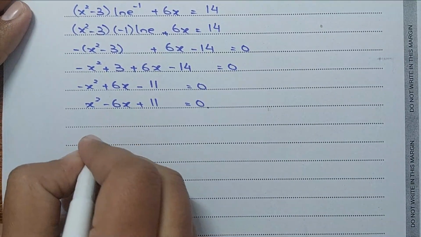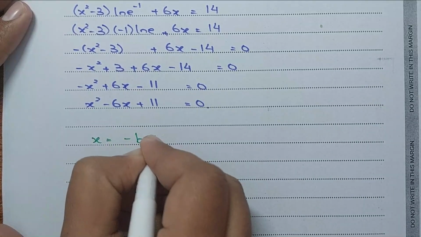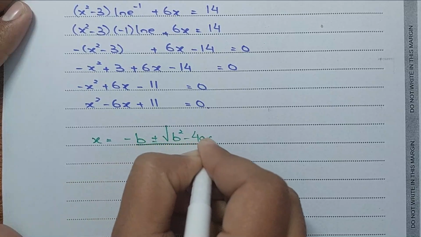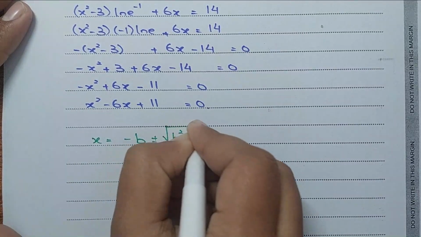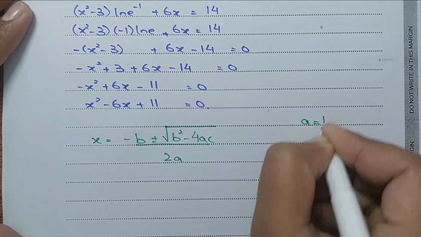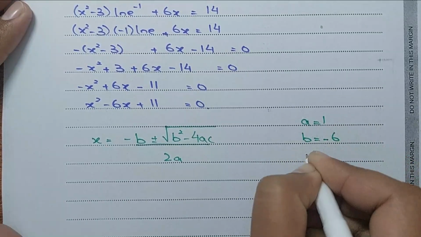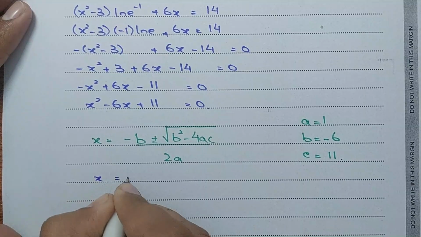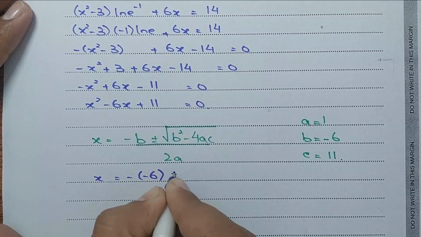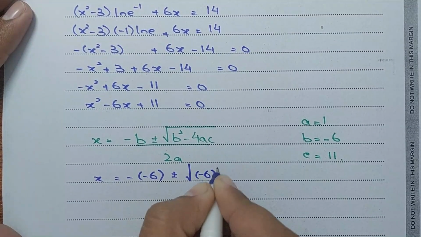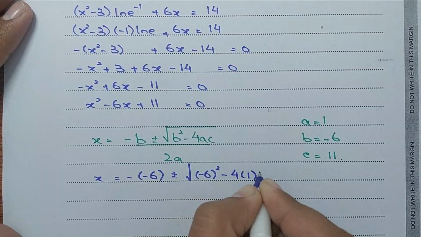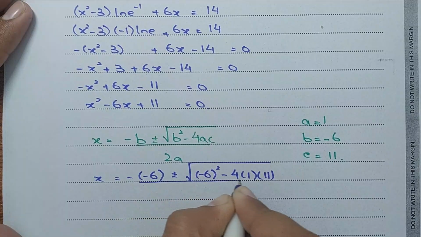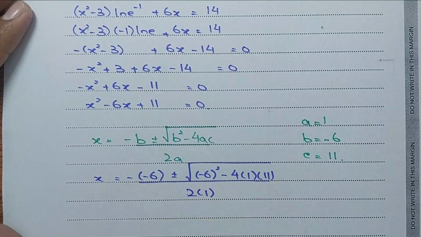So we have to use the quadratic formula: x equals minus b plus or minus the square root of b² minus 4ac, divided by 2a. Where a is the coefficient of x², b is the coefficient of x, and c is the constant. Now x equals negative b plus or minus the square root of b² minus 4ac, divided by 2 times a, which is just 1.